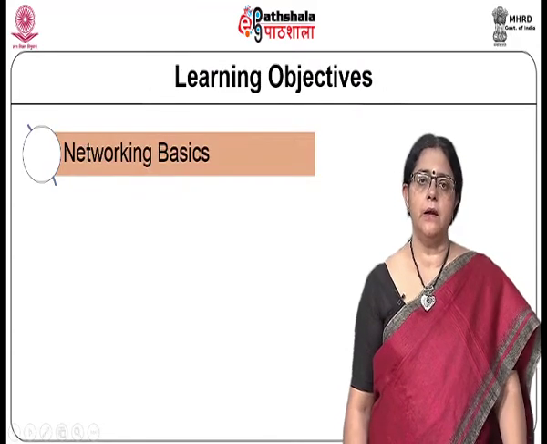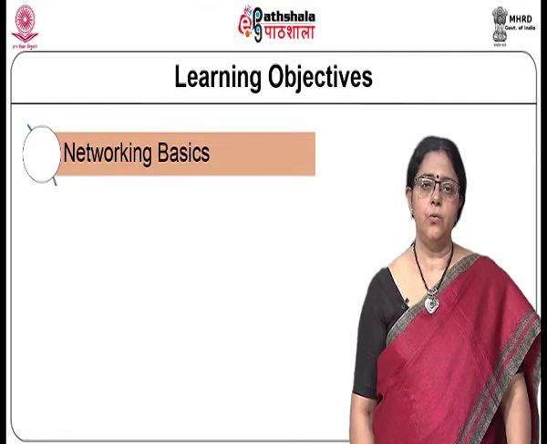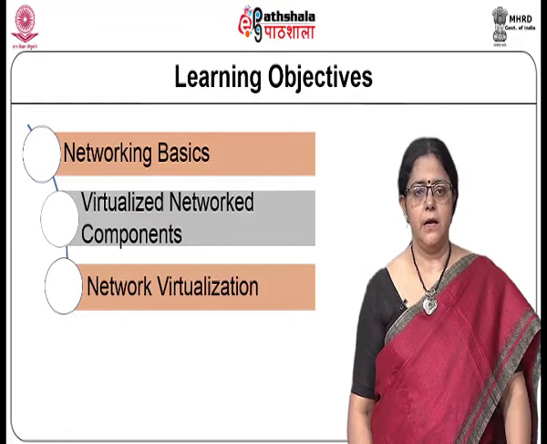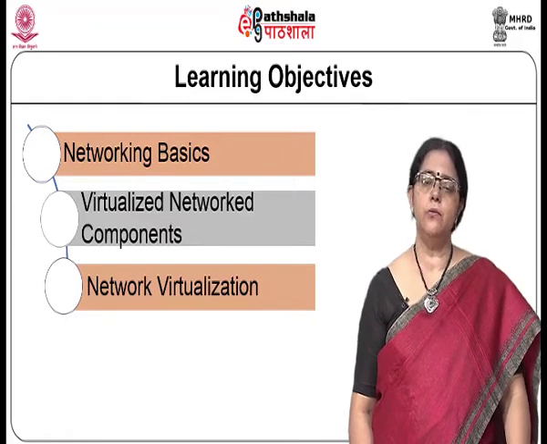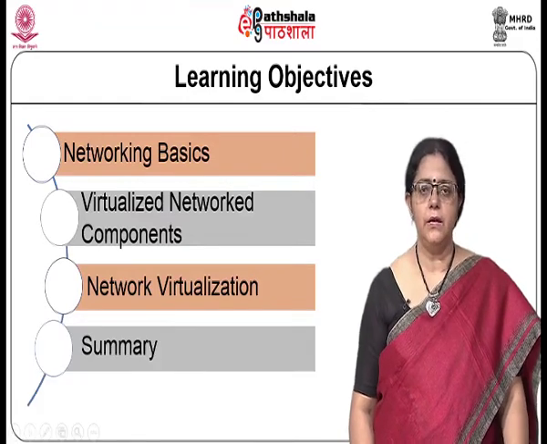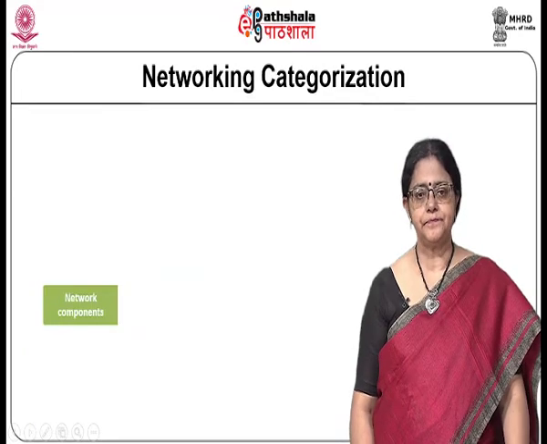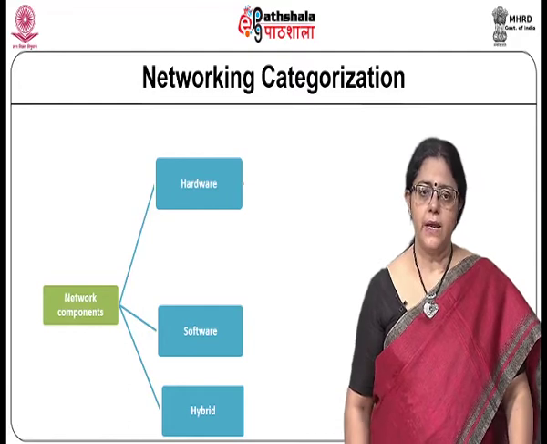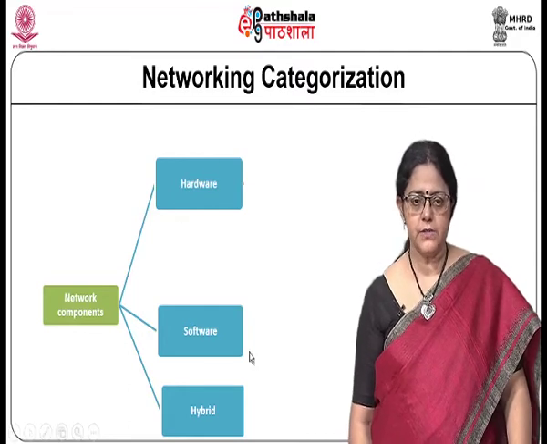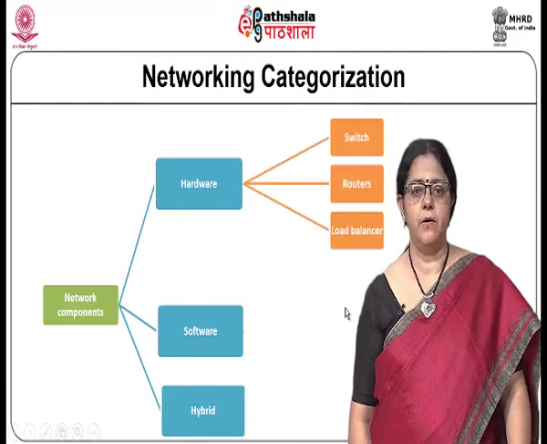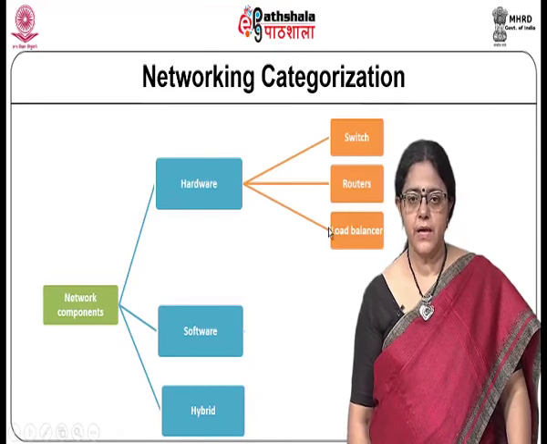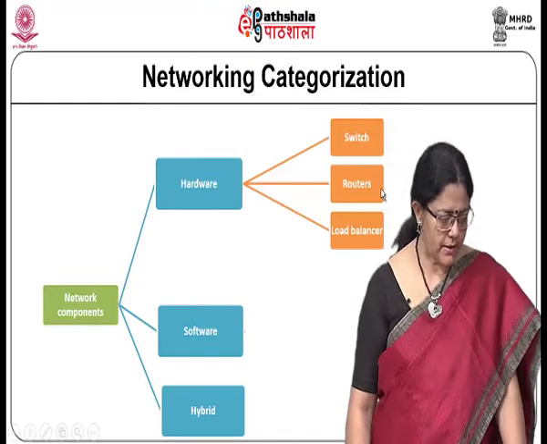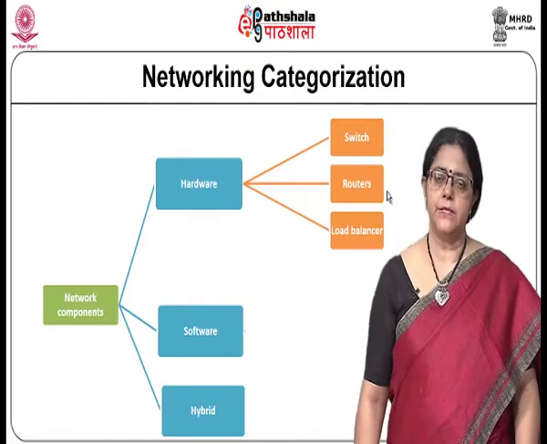So, these are our learning objectives. We will look at the networking basics, then the virtualized networked components, and then overall network virtualization, followed by a summary. So, these are the network components. We have hardware components, software components, and hybrid components. In hardware components, we have switches, routers, and load balancers.